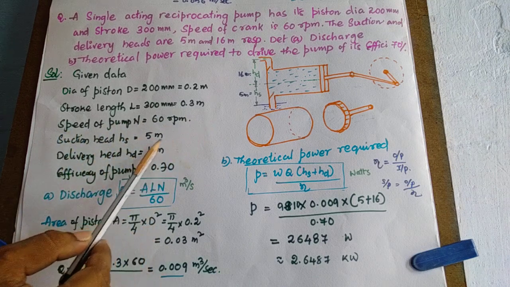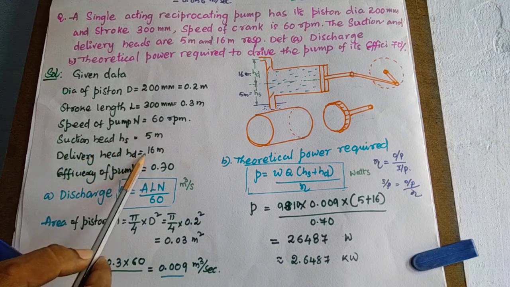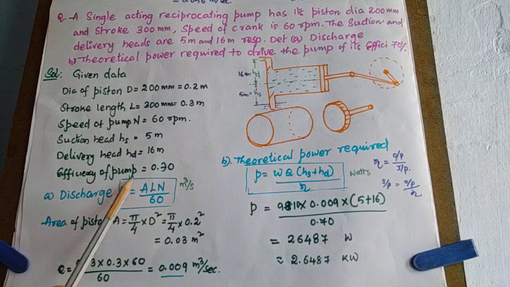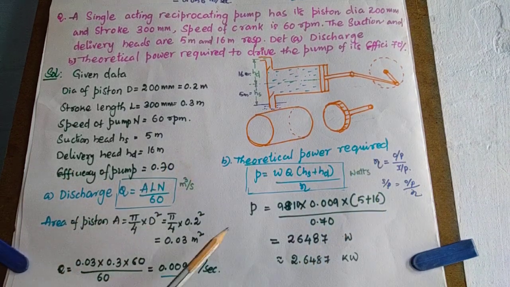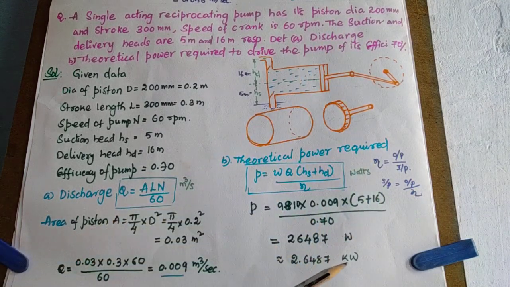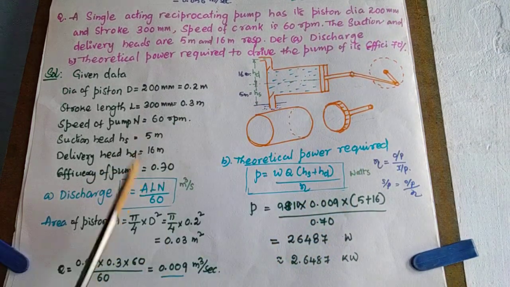Suction head is given as 5 meters, so no need to convert. Delivery head is also given in meters, 16 meters, and the efficiency of the pump is 70%, that is 0.70. We are asked to find the discharge of the pump, that is the quantity of flow through this pump.